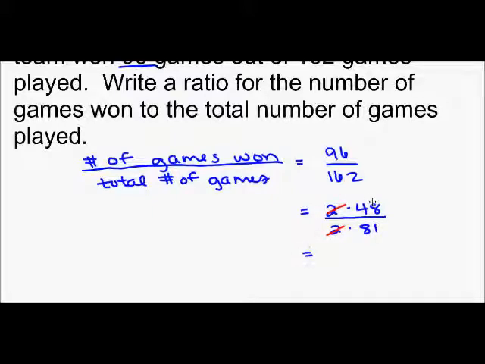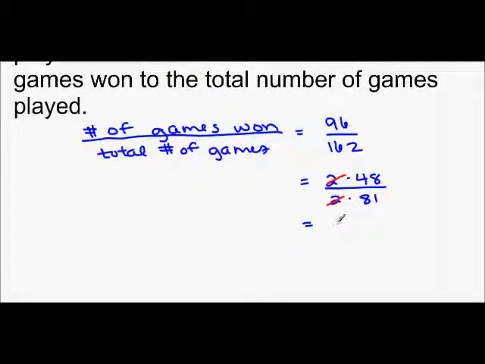Taking this a step further, I know that both of these numbers are divisible by 3. 48 is 3 times 16, and 81 is 3 times 27. So these 3's cancel. And 16 and 27 cannot reduce anymore. So my ratio is 16 out of 27.